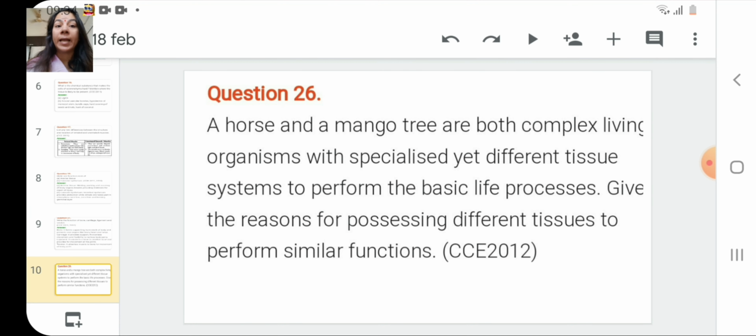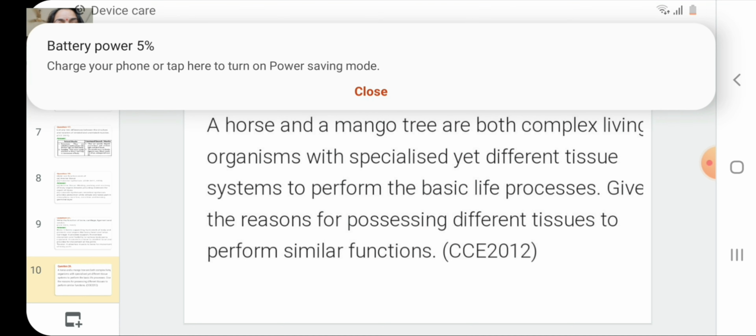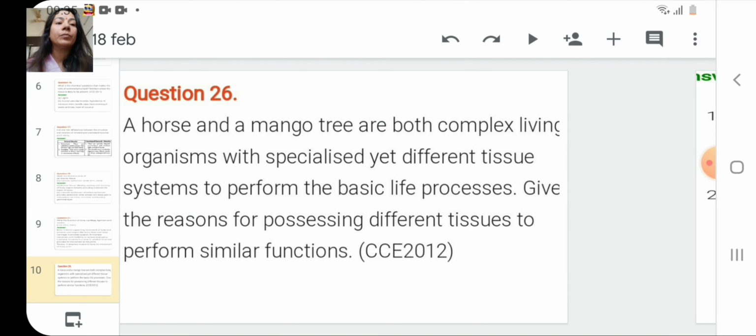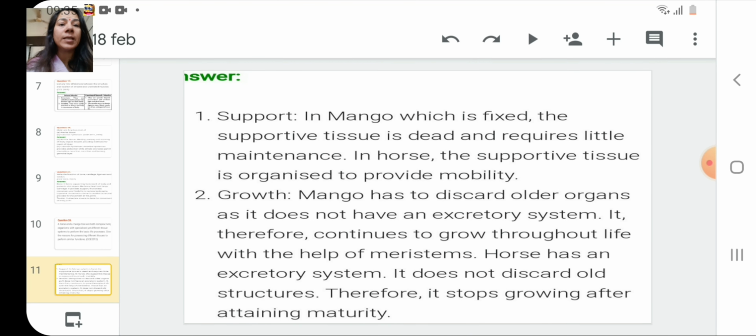One is a tree and the other one is an animal, a complex active animal. So give the reasons for possessing different tissues to perform similar functions. You have to give an idea about what type of tissues they have which are going to be similar in both of these. So the answer to this question is support.